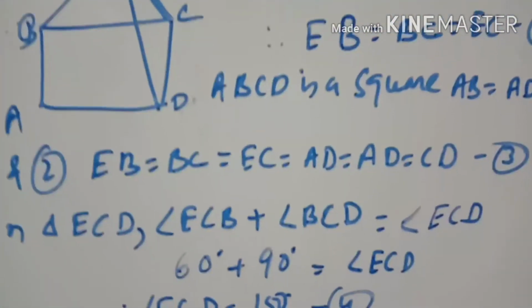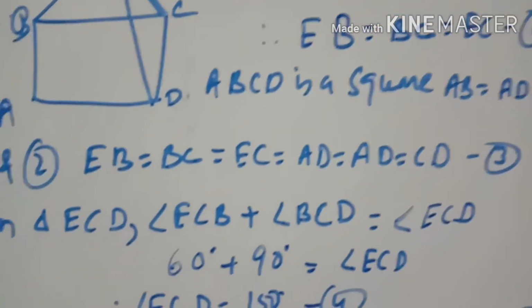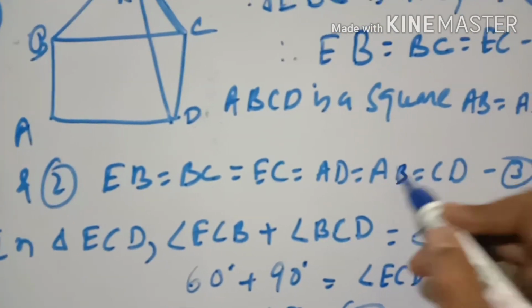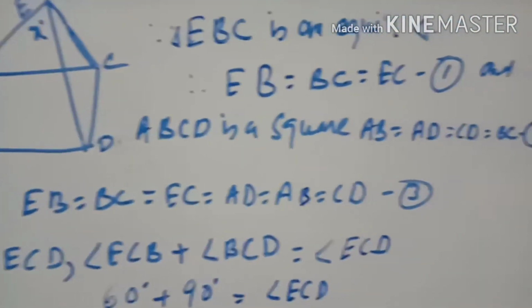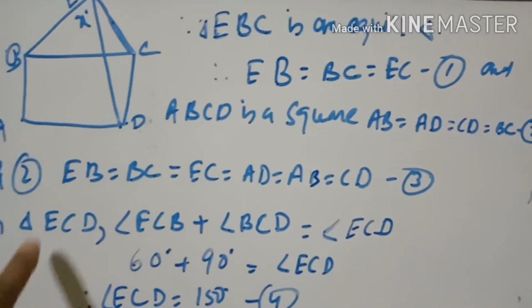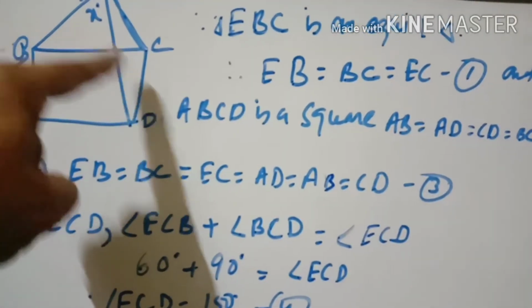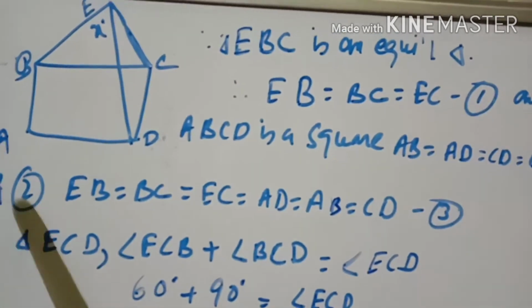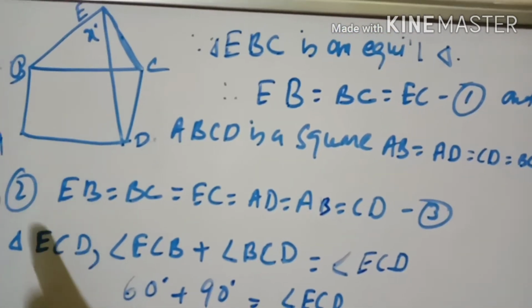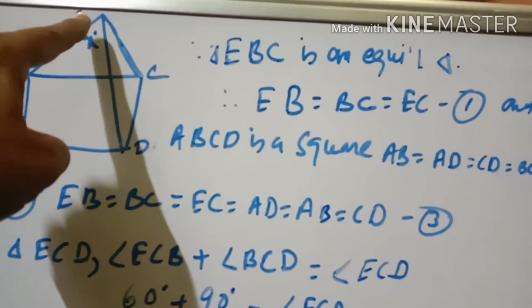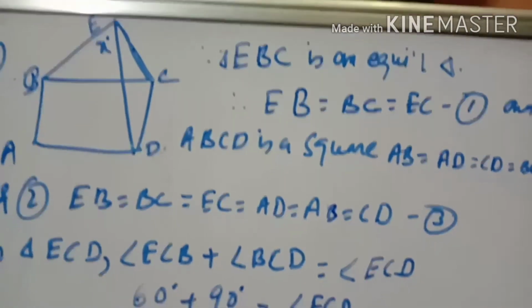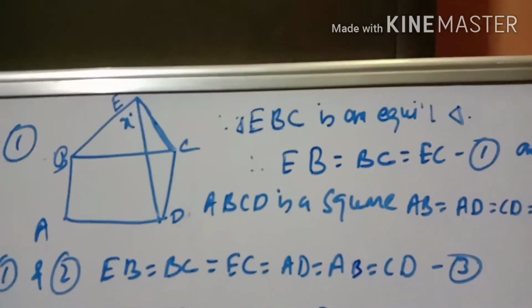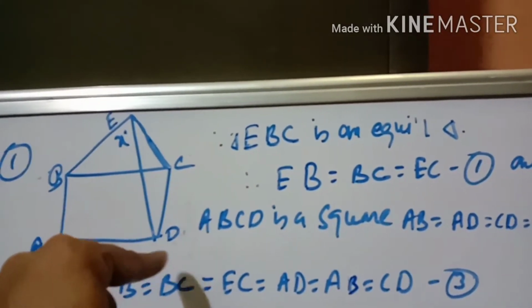This part I can write AB. It should be AB equals CD. Let it be equation number 3. In triangle EDC, see, angle EBC, angle ECB, plus angle BED.